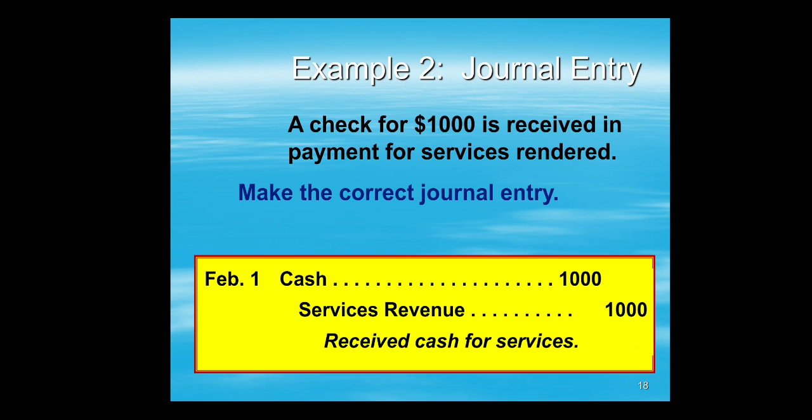And then remember, equity increase, you have to credit. So the name of the account related to the equity is revenue. So credit account service revenue 1,000. The explanation for the transaction is receive cash for services.